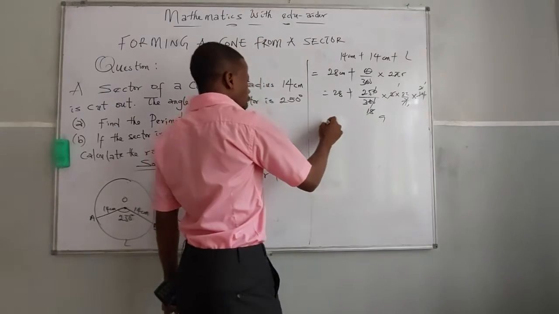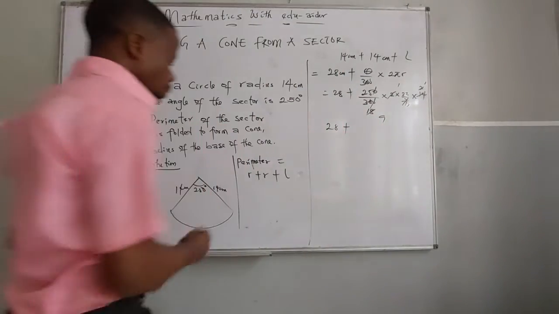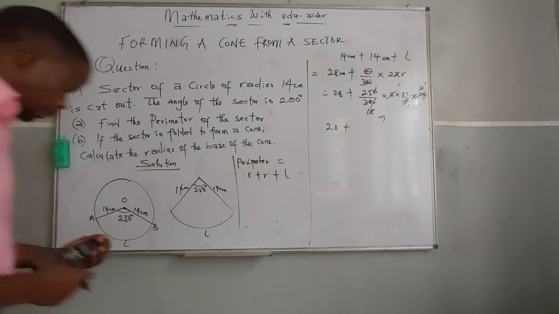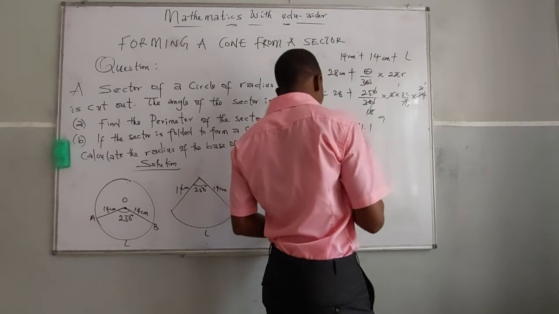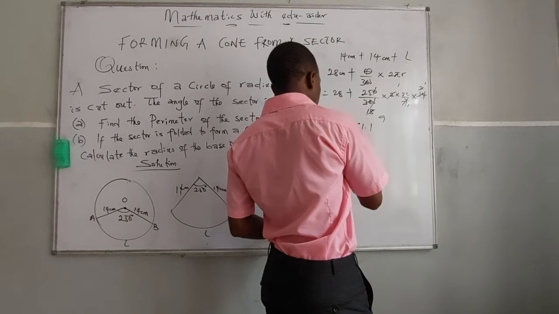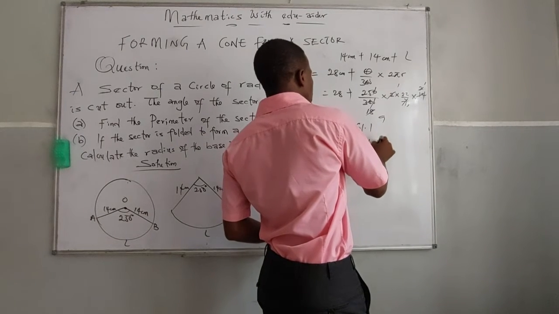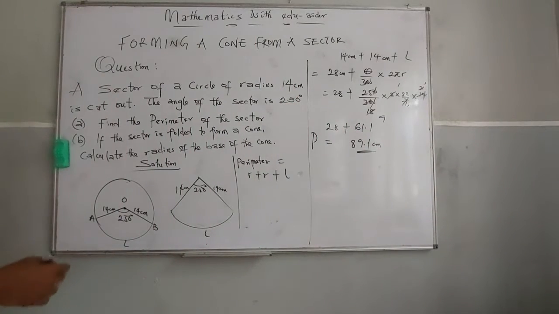So we have 28 plus, multiply 25 by 22, then divide by 9. 25 times 22 gives us 550, divided by 9 is 61.1. Plus 28, that is 89.1 centimeter. So our perimeter is 89.1 centimeter.